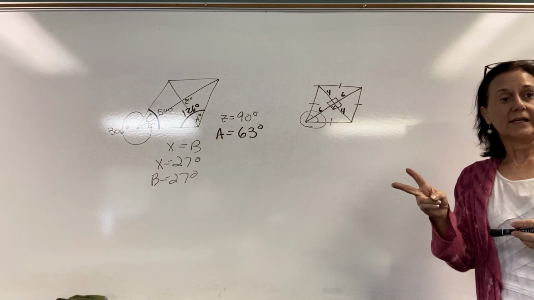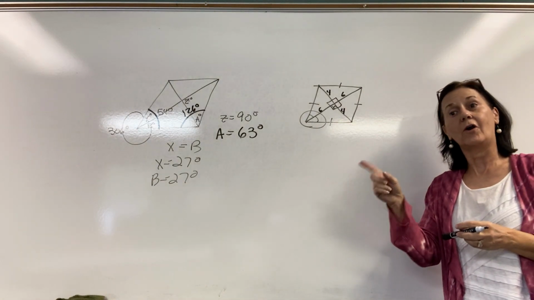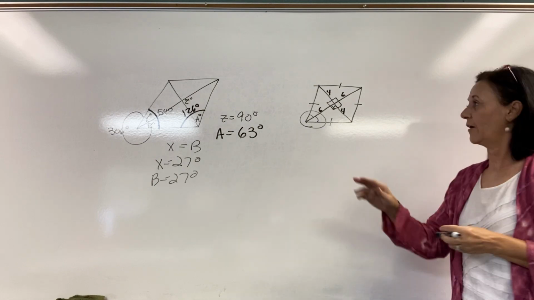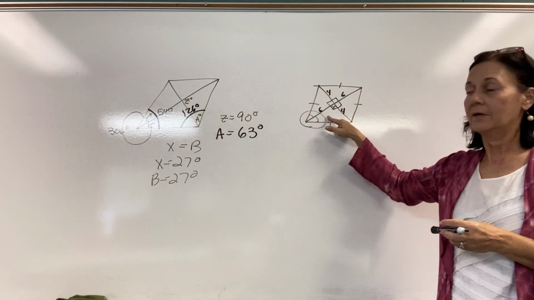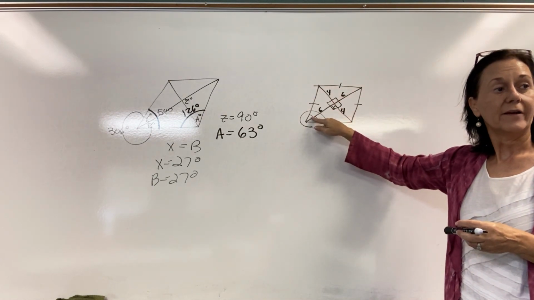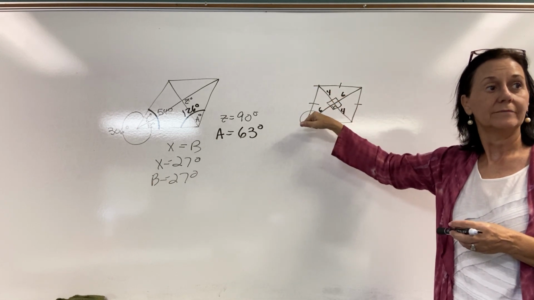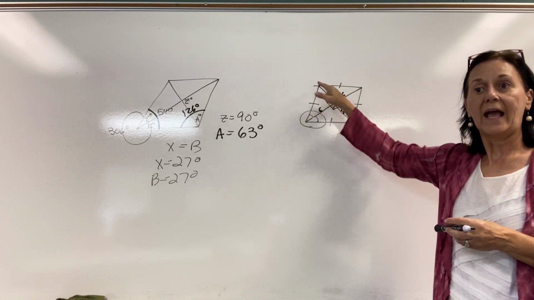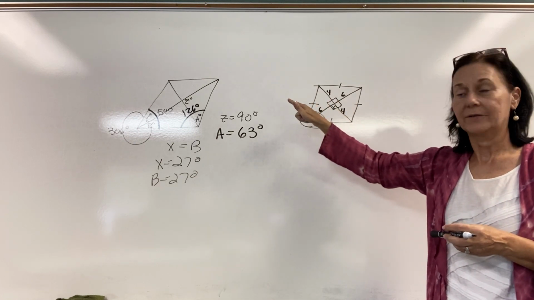There are 2 ways to calculate the area of a rhombus. I'm going to show you the hard way, then I'm going to show you the easy way. These are 4 congruent right triangles. Here are the 2 legs. The area of a right triangle is 1/2 leg times leg, because one is the length, one is the altitude.